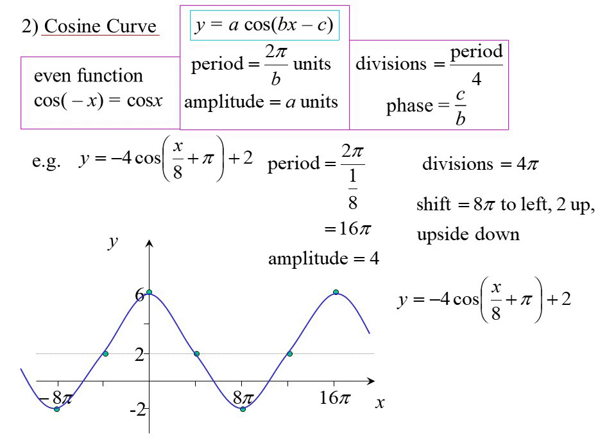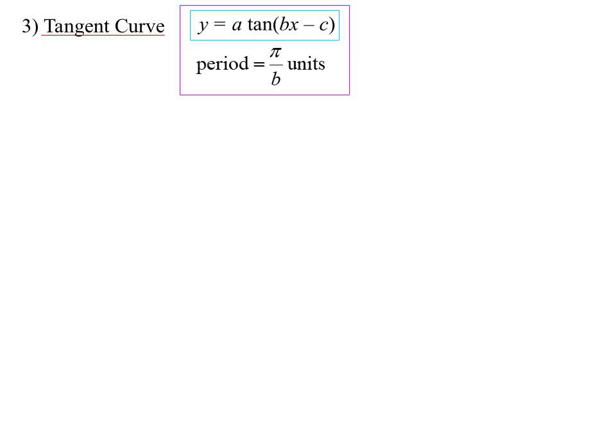Alright, let's do a tangent curve. Same sort of structure there, a tan bx minus c, but remember the period of the tan function was not 2 pi, it was pi. So therefore the period of our transformed one will be pi divided by b, not 2 pi divided by b. We don't worry about amplitude for a tan curve because it goes up to infinity and down to -infinity.